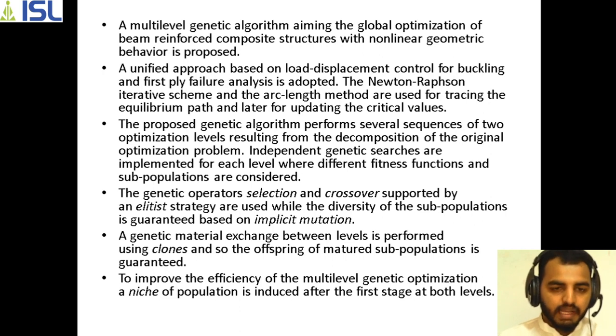Further, a genetic material exchange between levels is performed using clones, and so the offspring of the matured subpopulation is guaranteed. To improve the efficiency of the multi-level genetic optimization, a niche of population is induced after the first stage at both levels.